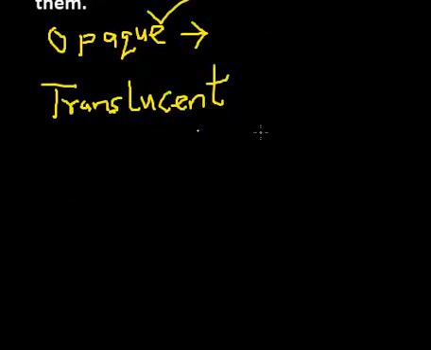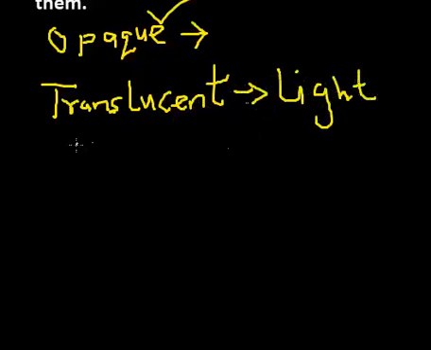Then a translucent object is one that light passes through quite well, but you can't see through it.